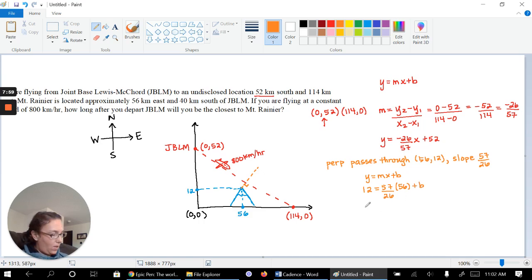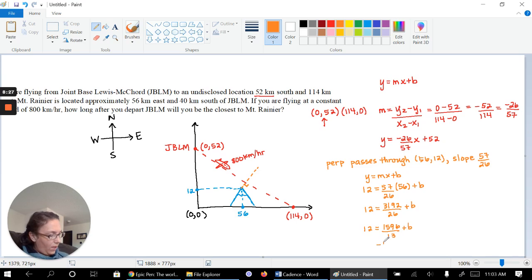So what I'm going to do is go ahead and multiply that fraction. Multiplying 57 times 56 gives me 3192 over 26 plus b. I'm going to simplify that fraction by dividing the top and bottom by 2. So that gives me 1596 over 13 plus b.